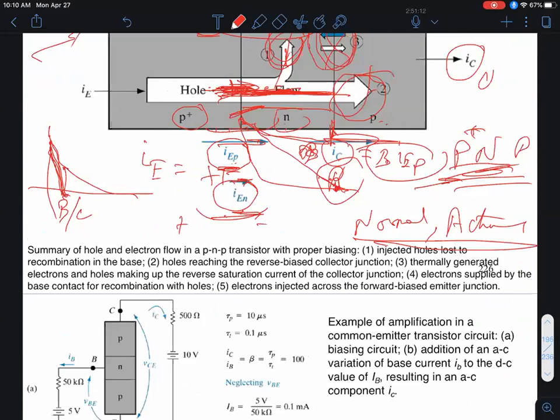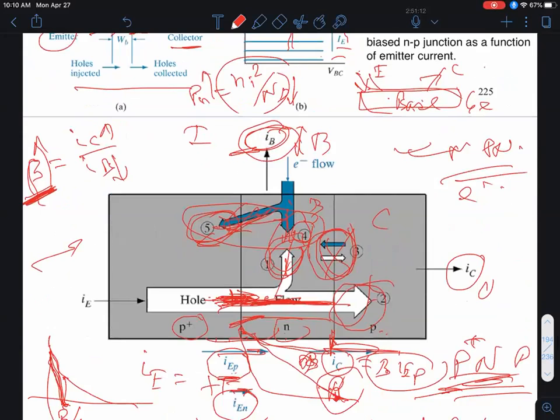Now, in this geometry, this is the so-called common base configuration. Okay, it's kind of like this geometry over here. Okay, where you consider the base to be common between the input emitter in this case and the output collector. That's called the common base mode.